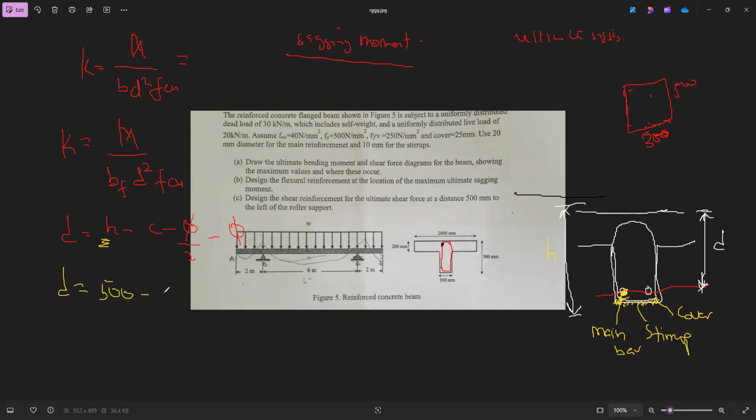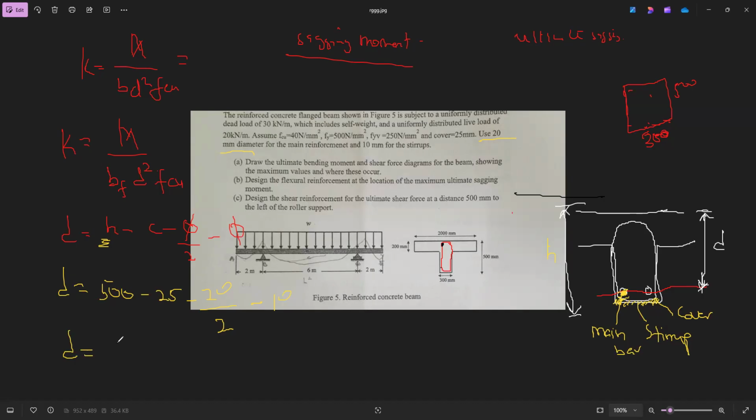The cover, I think, is 25. The main bar diameter is what? 20. In the question, it says use 20. So 20 over 2 is 10.